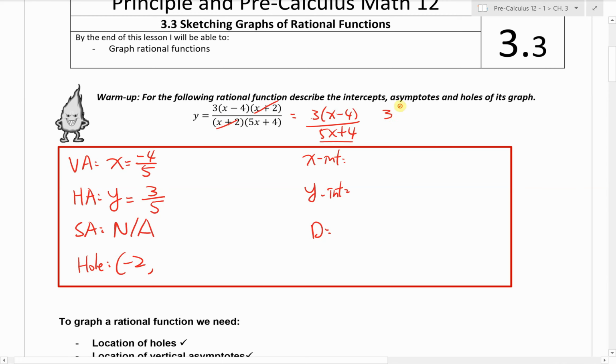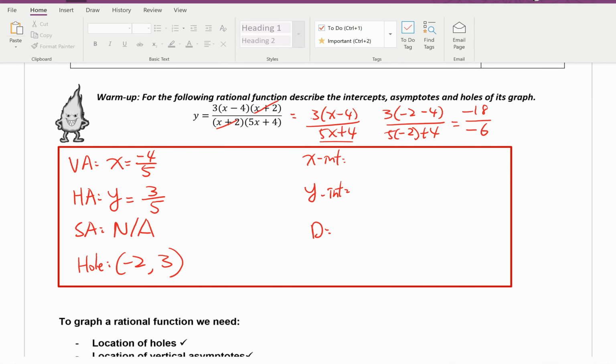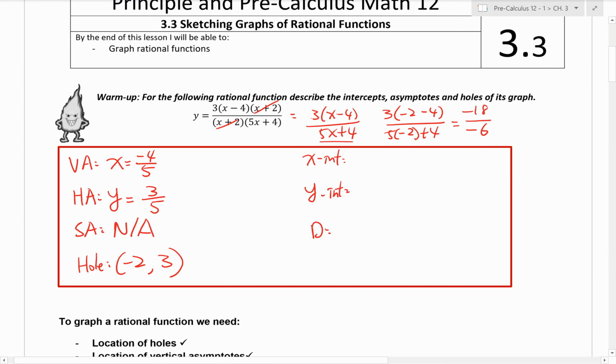To find the y value, we simply plug in negative 2 into x, and whatever we get is the y-coordinate. So this is going to be negative 18 over negative 6, so positive 3. Okay, x-intercept is found by making y 0, and recall from last video, to find the x-intercept, you look for the x value that will make the numerator 0.